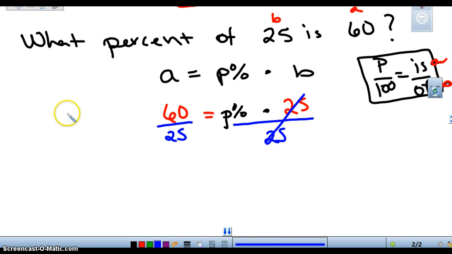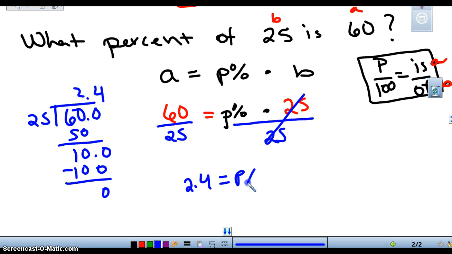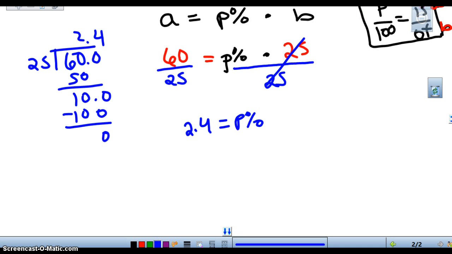So what do you get? 60 divided by 25 is 2, minus 50. 25 goes into 100 4 times. So now I've got that 2.4 equals P percent. How do I change this decimal to a percent? Move it twice, so 240% is equal to P.